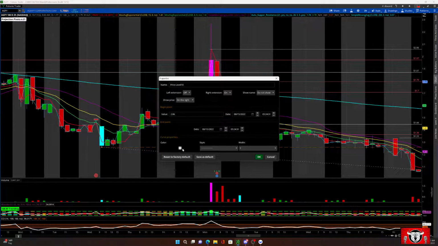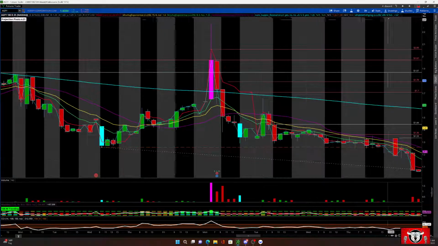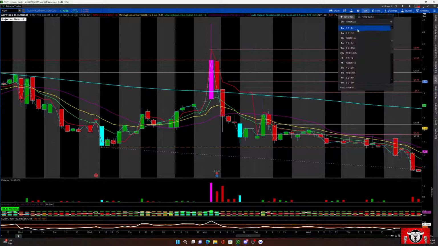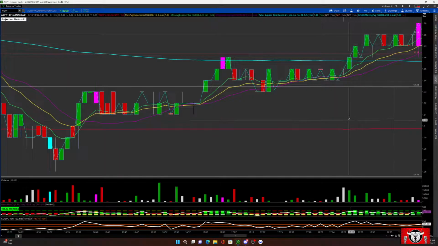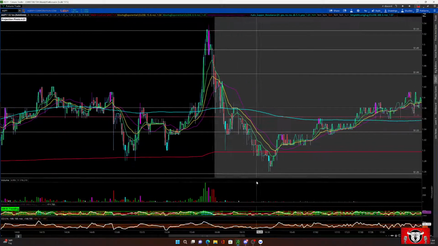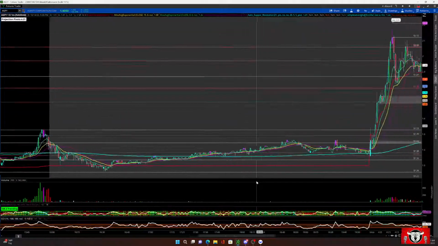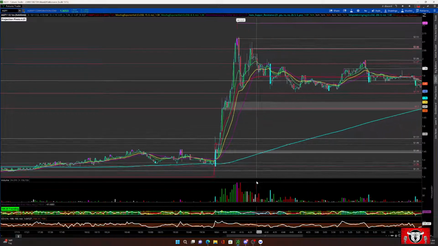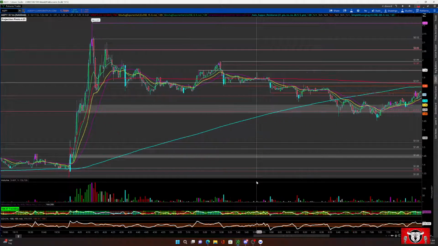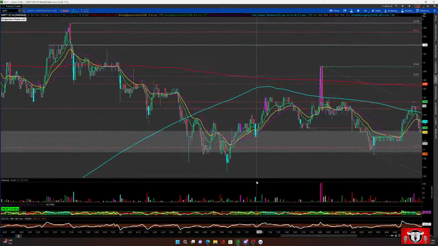All right, we got some levels. Some more levels in AGFI. Oh, Ironclad.